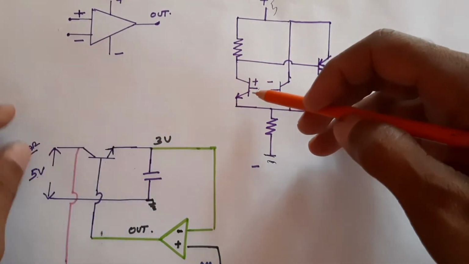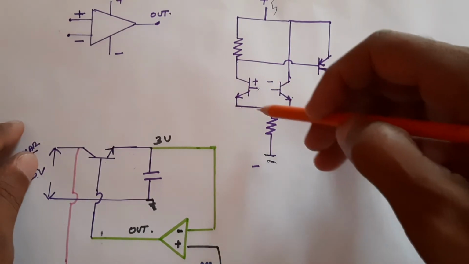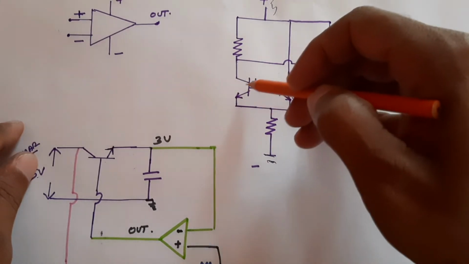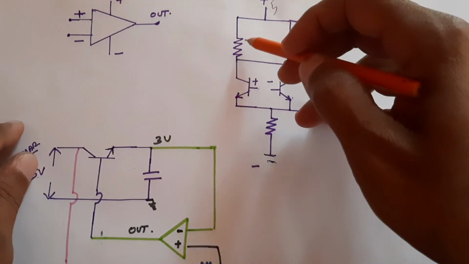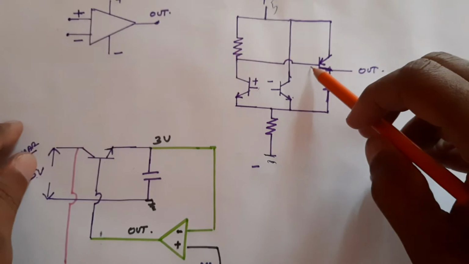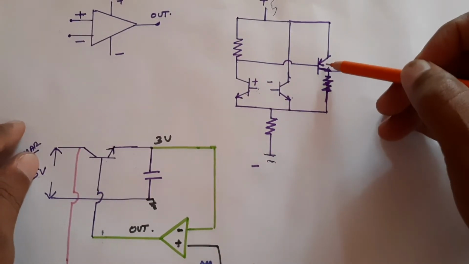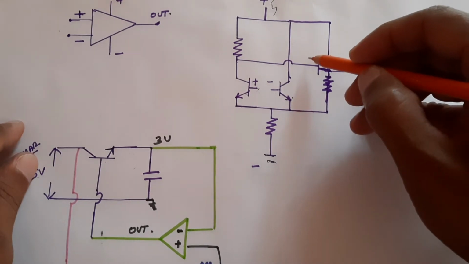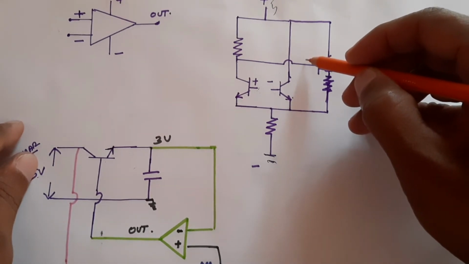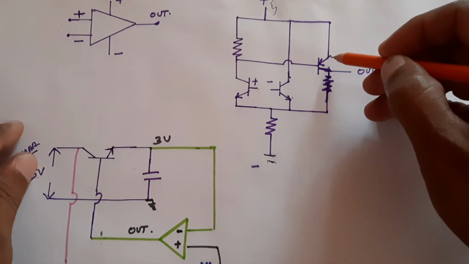So when plus voltage is applied, this is on. When this is on, the electrons go through like that, and the 5 volts becomes less. This is an NPN transistor and this is a PNP transistor. For a PNP transistor, when the base voltage becomes negative or decreased, it becomes on.